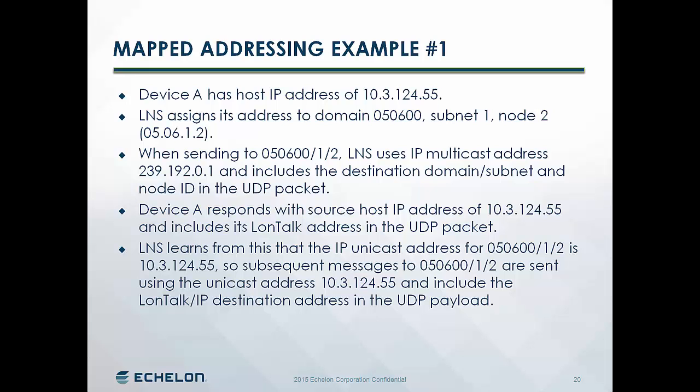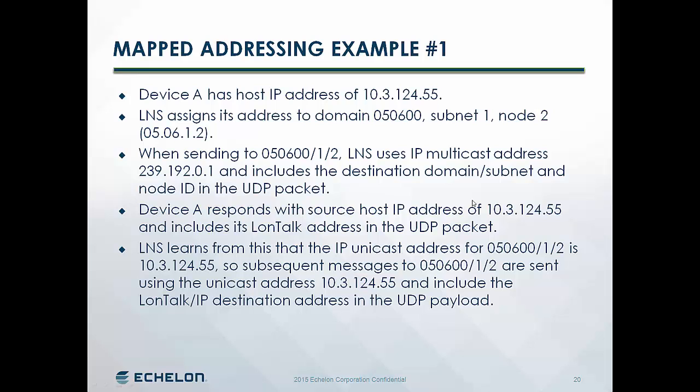When sending to 050600/1/2, LNS or another device will use an IP multicast address of 239.192.0.1 and will include the destination domain and subnet and node ID in the UDP packet.